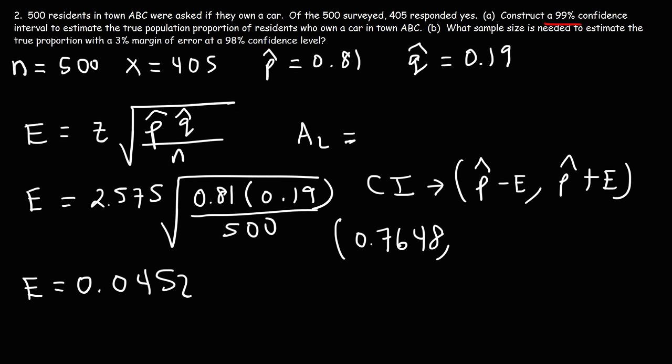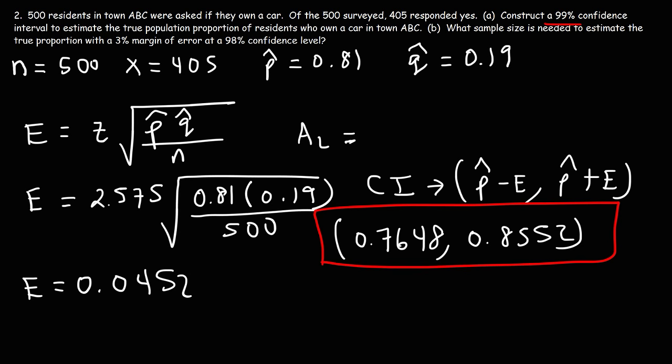And then 0.81 plus 0.0452 gives us 0.8552. So this is our 99% confidence interval. We're 99% confident that the true proportion of residents who own a car in town ABC is somewhere between 0.7648 and 0.8552.